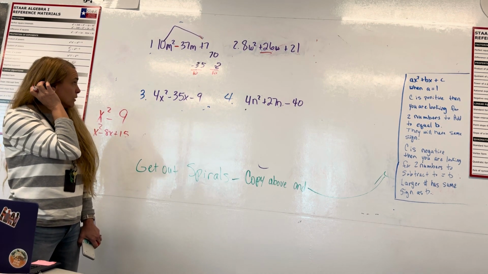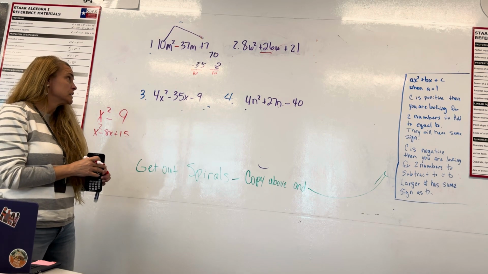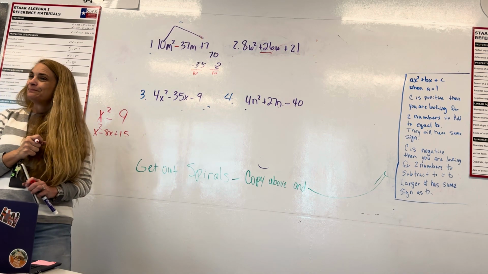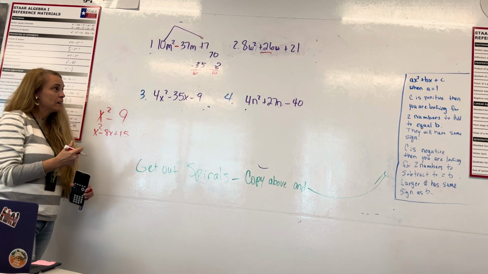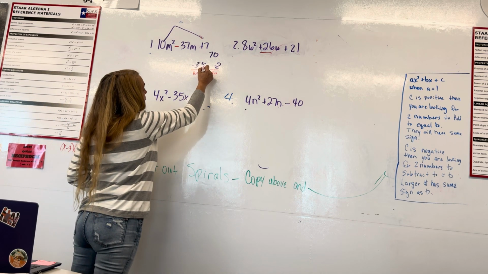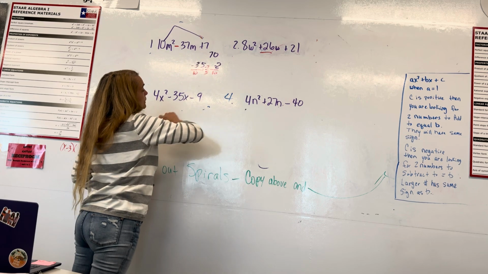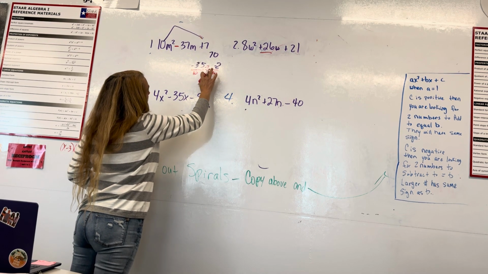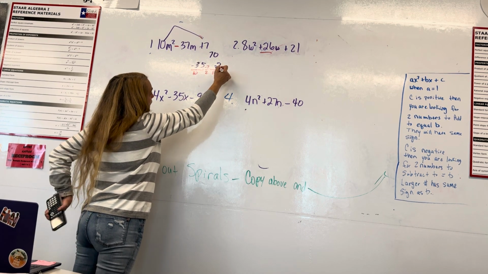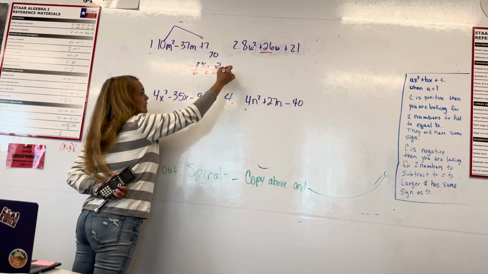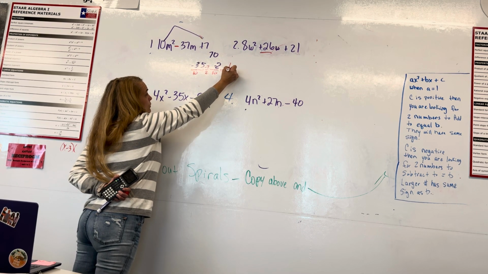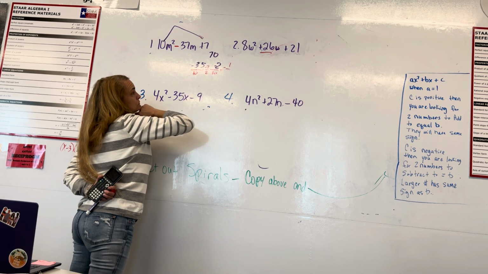Otherwise, what goes into 35 and 10? 5. And this reduces to negative 7 over 2. And then 2 goes in there, and this is going to be negative 1 over 5.